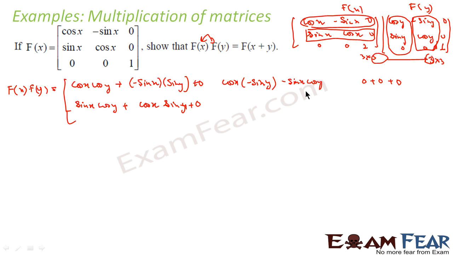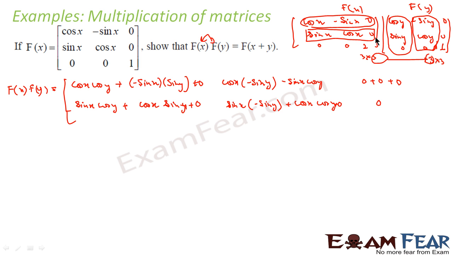This guy will be C2 2, second row, second column. So it is sin x into minus sin y, and then cos x into cos y, and then 0 into 0, plus 0.